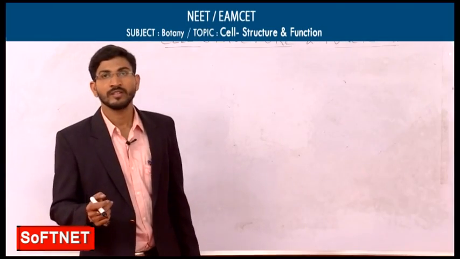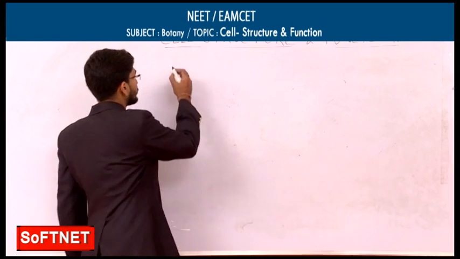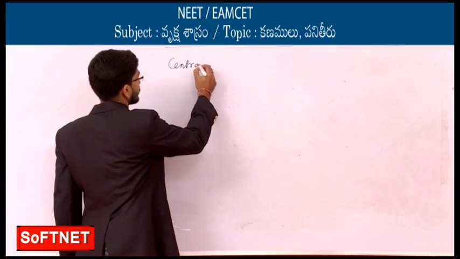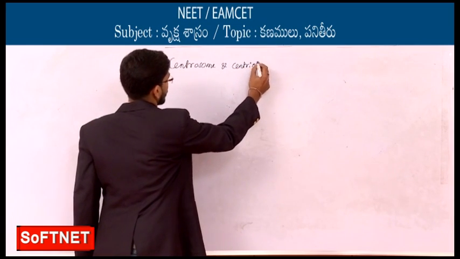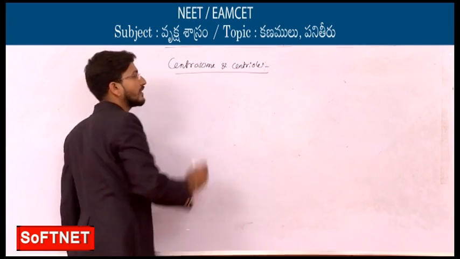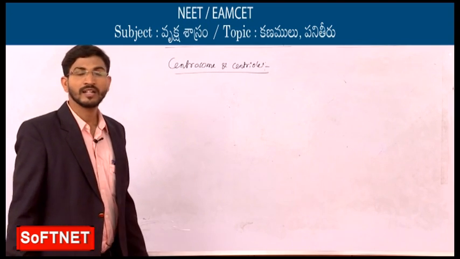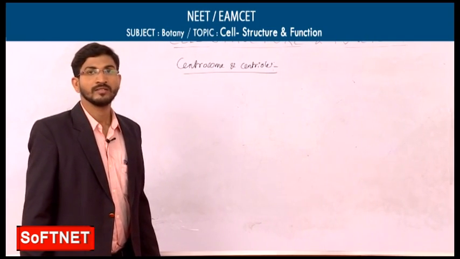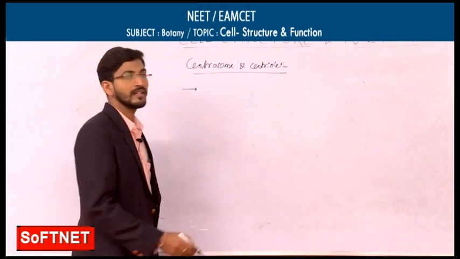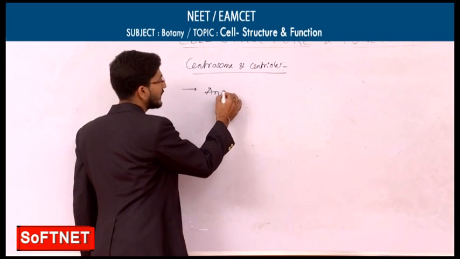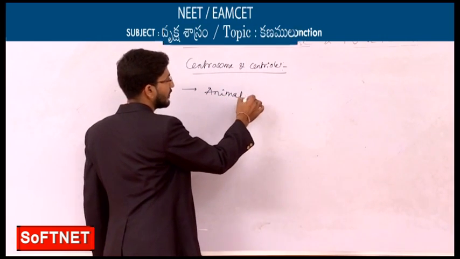Next we will discuss the centrosomes and centrioles. What are these centrioles and centrosomes? They do not contain any cell membrane; they are naked. Centrosomes are present only in animal cells, a main characteristic feature of the animal cell.